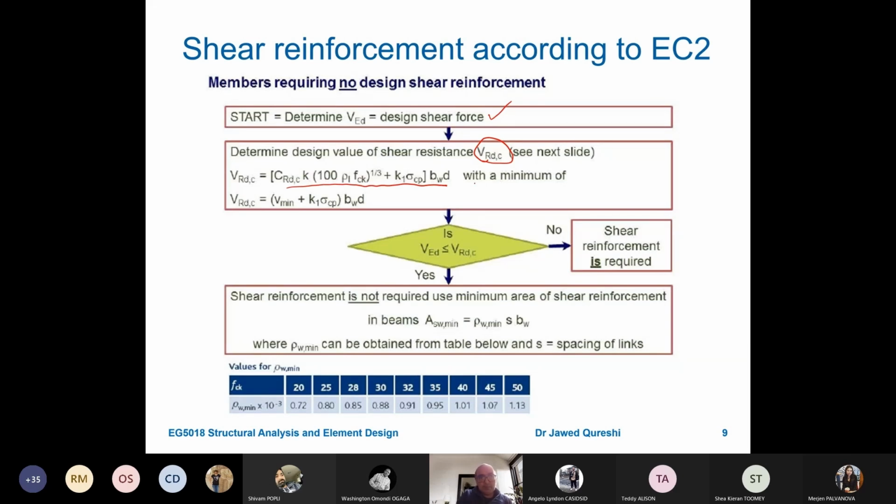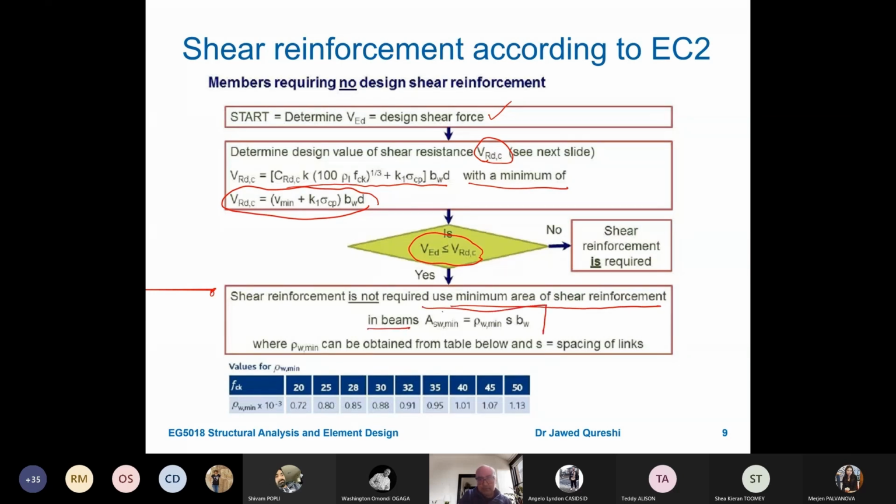And there is a minimum value of VRDC. Then you have to see that if VED, the applied shear, is less than VRDC, then shear reinforcement is not required, and you have to use the minimum area of shear reinforcement in beams.